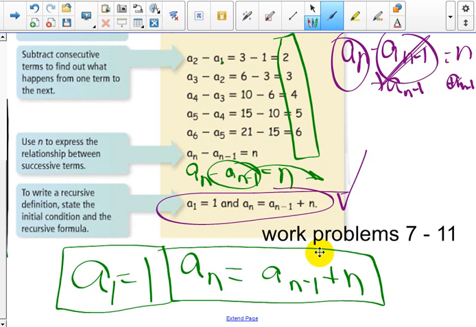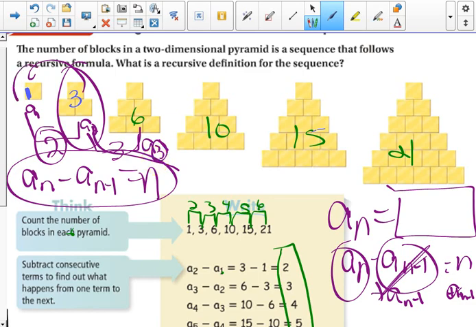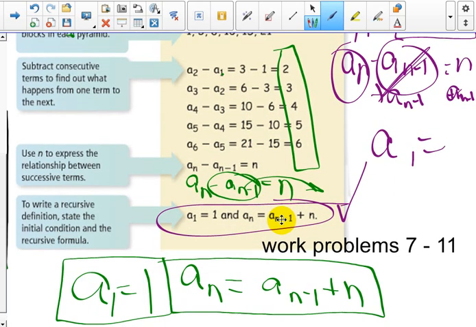For a recursive formula, a recursive definition, you have to have two things. You have to have the first element, your a sub 1. And here, when you look up, what was our first element? How many items was it? Oh, 1. So a sub 1 was equal to 1. And then we've got to write that recursive formula. So I was just sitting here doing the algebra.